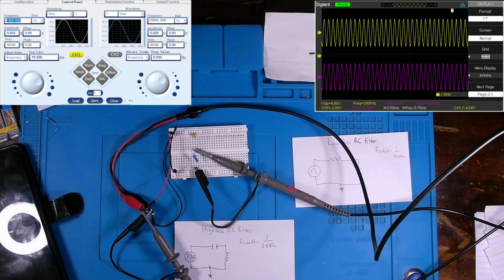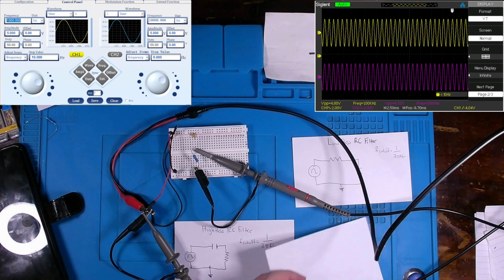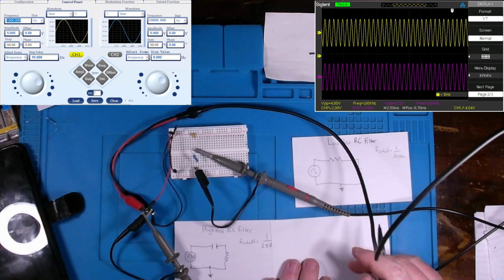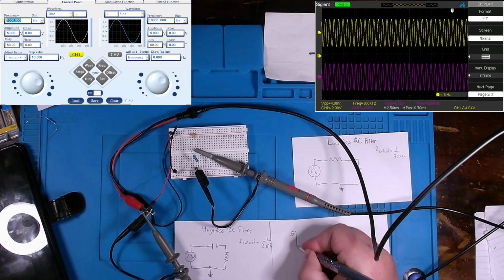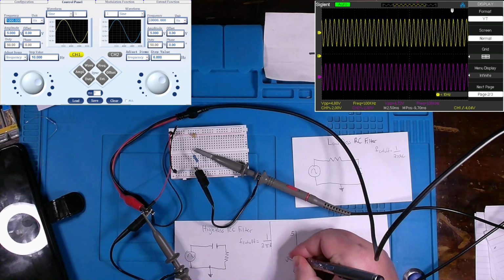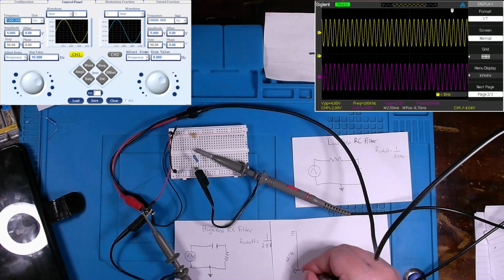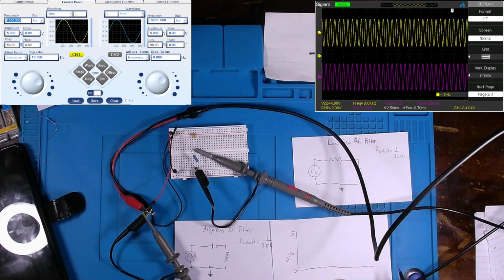1,000 hertz. And again, if we're talking about doing a Bode plot, let's do 5 volts, 0 volts.